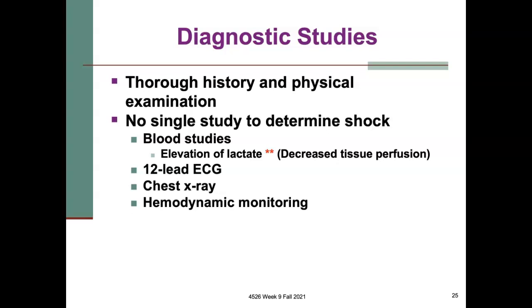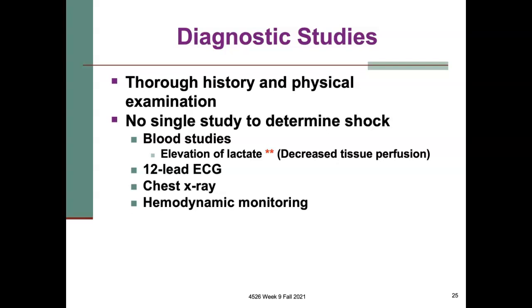So typically, the blood studies, apart from your typical CBC, Chem 7, which is your electrolytes, your BUN, your creatinine, elevation of lactate is one of the key indicators of shock, and this shows decreased tissue perfusion. So absolutely, a lactate level will be done. And if the lactate is above 4, that gives a good indication that decreased tissue perfusion is happening.